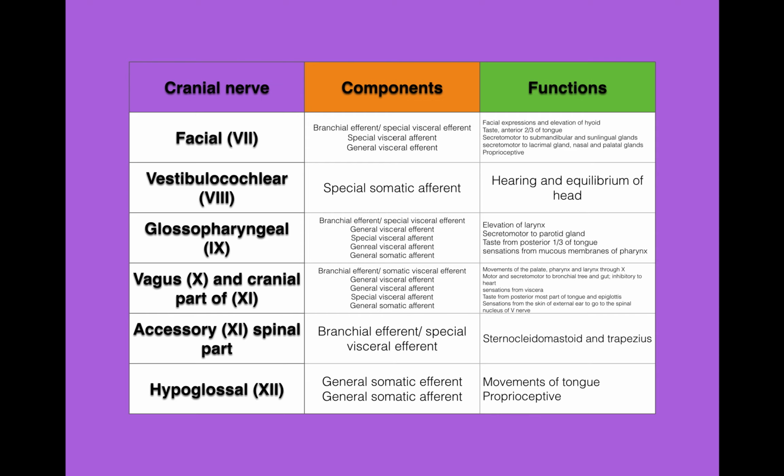And then moving on to the facial nerve, we have the branchial efferent, the special visceral afferent, and the general visceral efferent components. And the functions are facial expressions, elevation of the hyoid, taste of the anterior two-thirds of the tongue, and then secretomotor fibers to the submandibular and the sublingual glands, as well as lacrimal gland and nasal and palatal glands, and also proprioception.